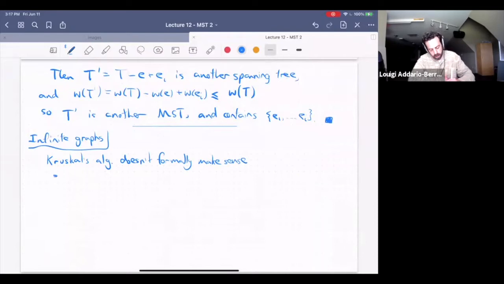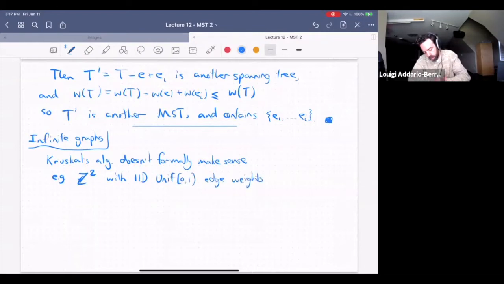So if what we started with, for example, was the lattice Z^2 with IID uniform edge weights, then Kruskal's algorithm can't even get started. There's no first edge.